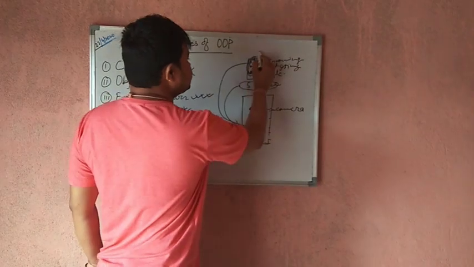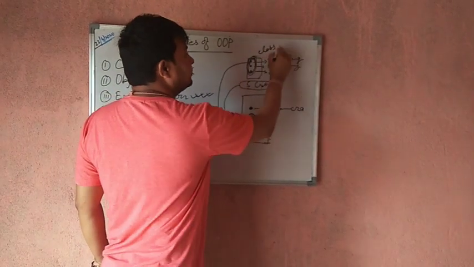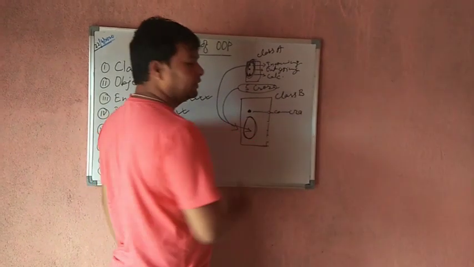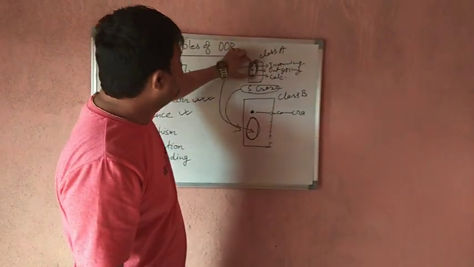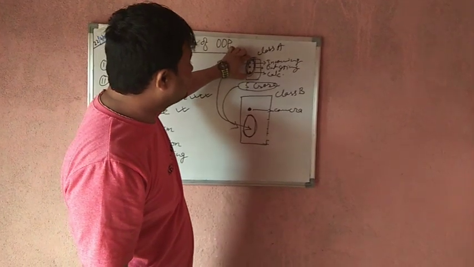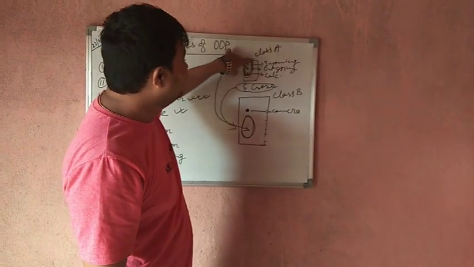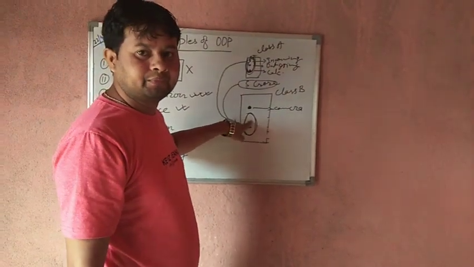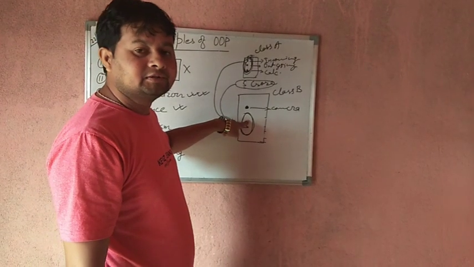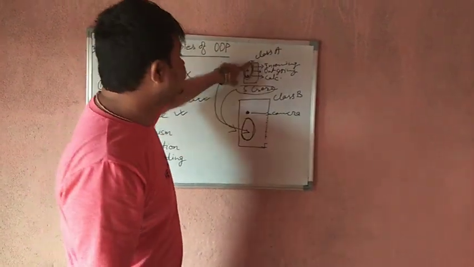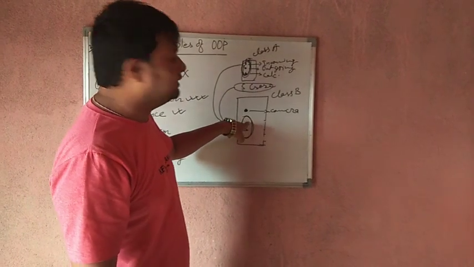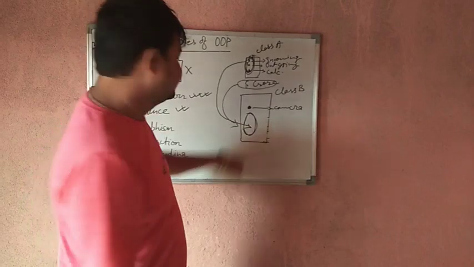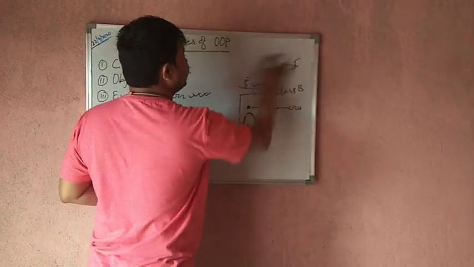It means this is a class, suppose A, and this is your class, suppose class B. It means you are using the facilities or features of this class here, right? This process of using the features of one class into another class is called inheritance.